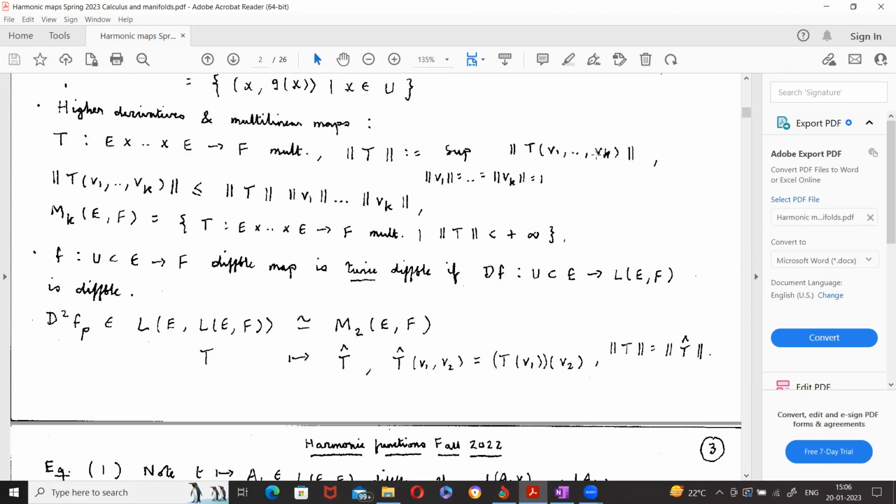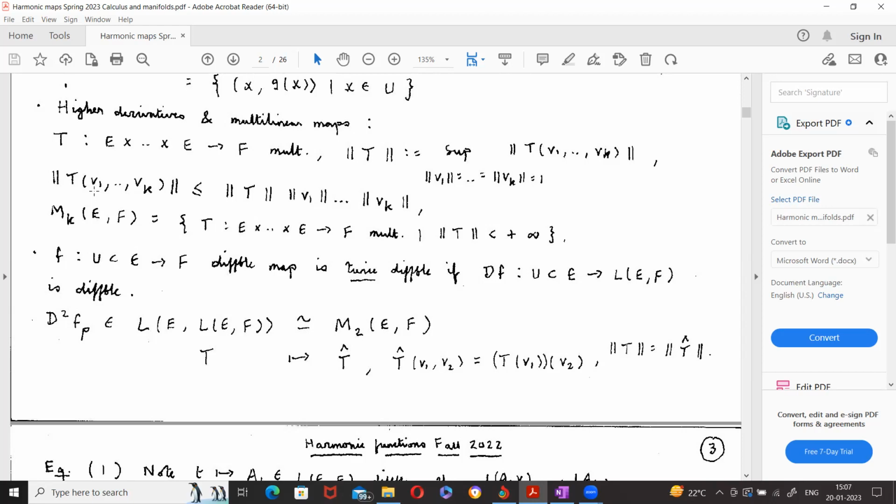And we say that the multilinear map is bounded if this norm is finite. So again, similar to linear maps, a multilinear map is continuous if and only if its norm is finite.